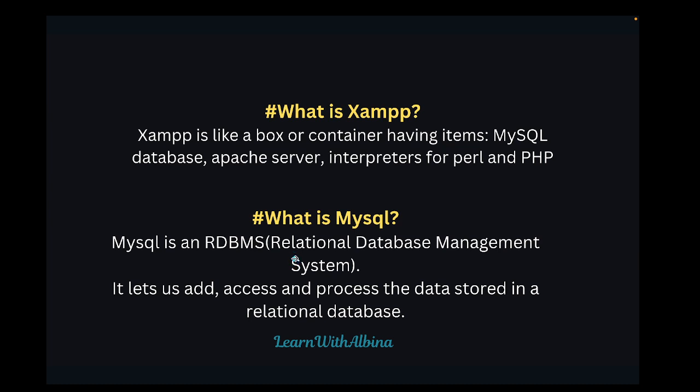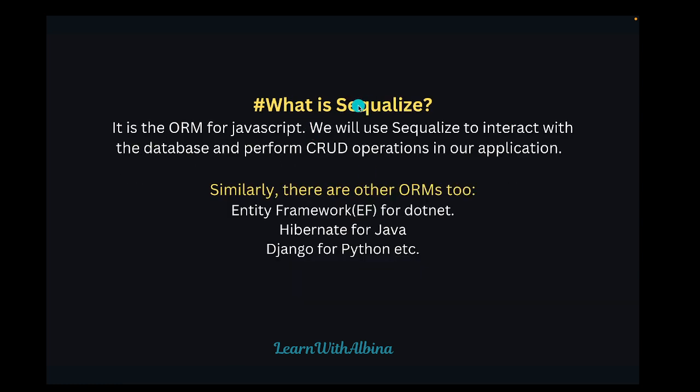Relational means a database that stores data in tables. And we will use Sequelize to communicate with the database. We will not use raw queries like select all from this table or insert into this table. We will use Sequelize to interact with the database.